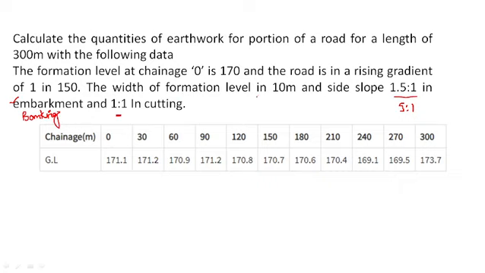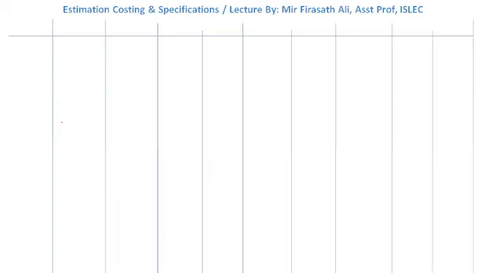So, first of all, let us write the chainage and ground level from the question into our table. The first column will be of chainage, and then ground level.